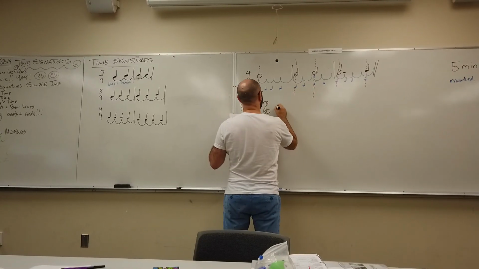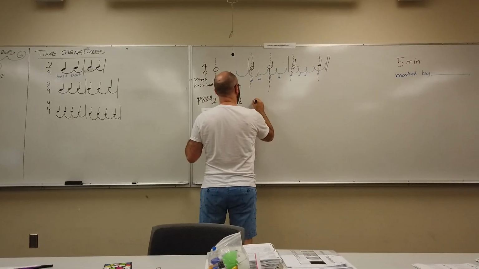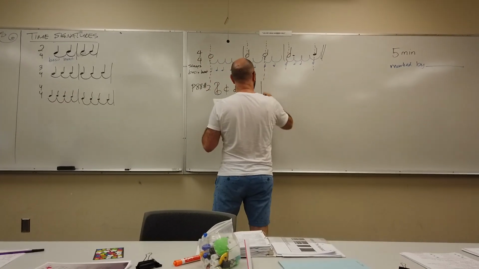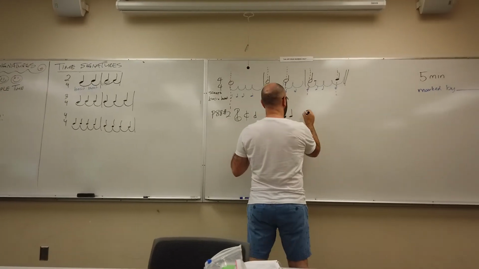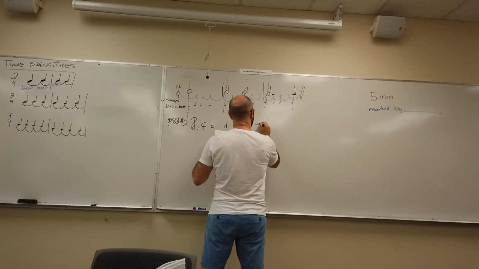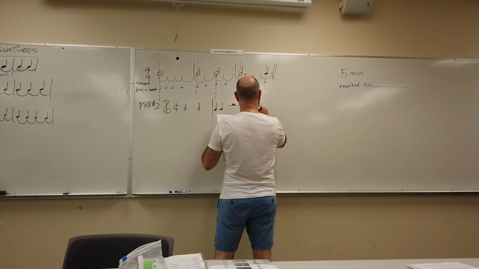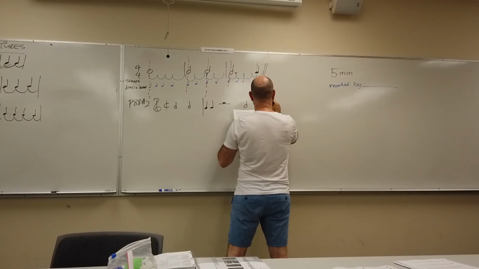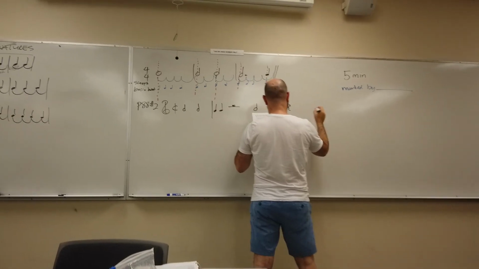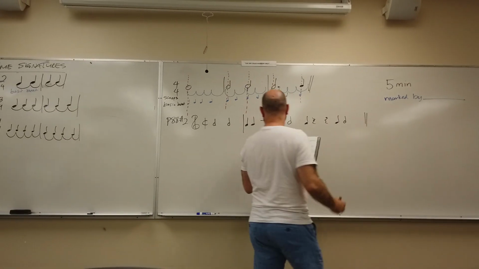Treble clef, does a thing like this. 1, 2, and then 2 of these, 1 of those, and then there's this, this, and this.